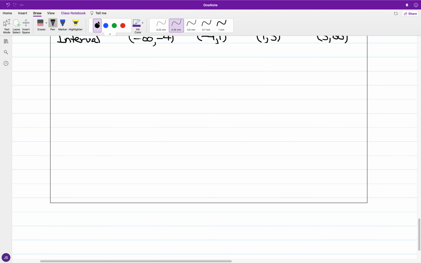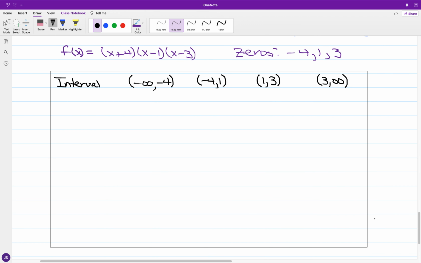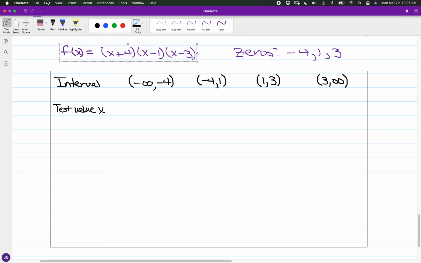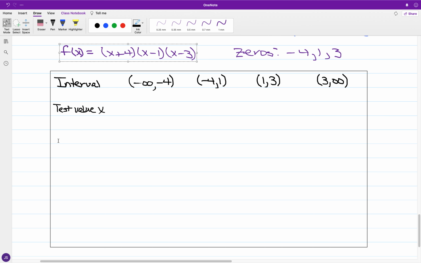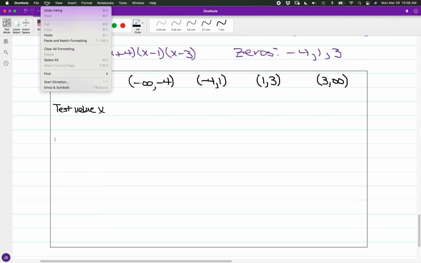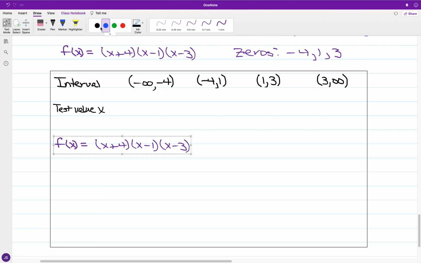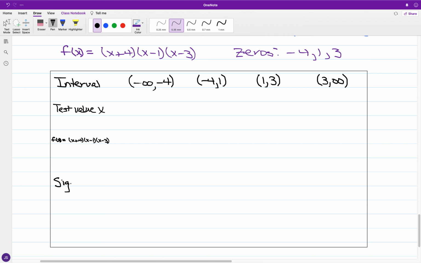And for what we have in the case of the table formation, I have the test value x. Again, I have the factored form of the function. And finally, we're looking at the sign of f of x.